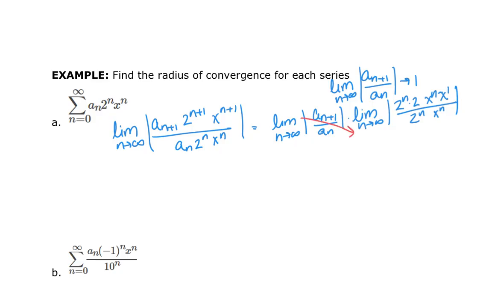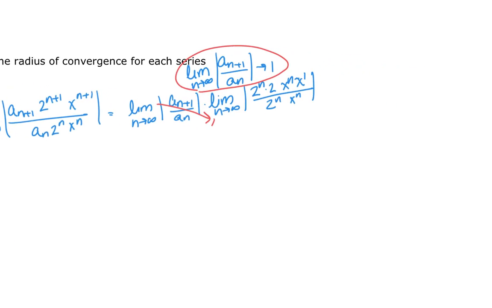Now this goes to 1 because I have to know this information, otherwise I wouldn't be able to do this problem. My 2 to the n's cancel, my x to the n's cancel, and what I end up with then is you can see all of my dependence on n is gone, and I'm just going to get 2 multiplied by x, in absolute value.